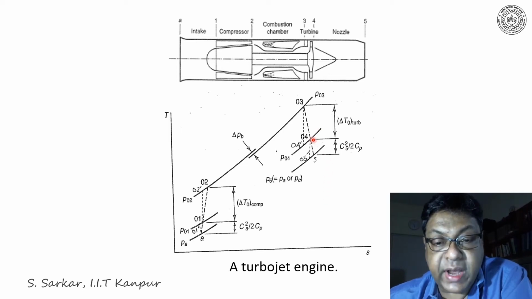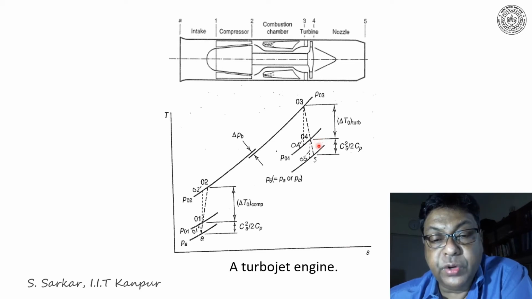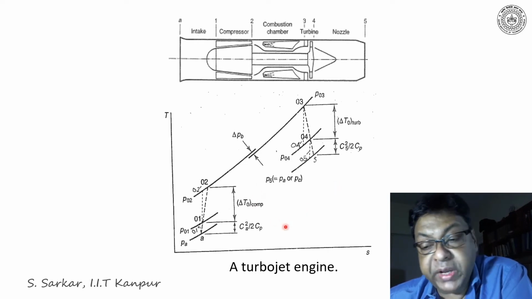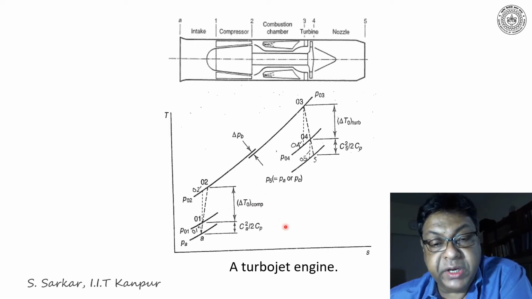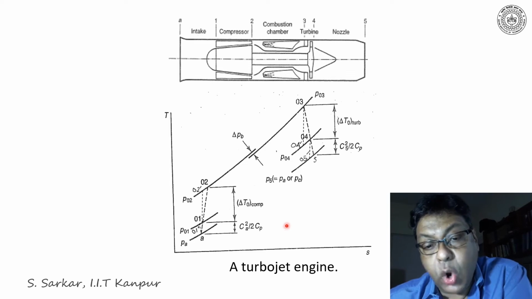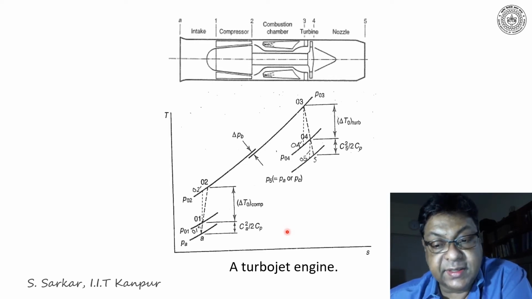The corresponding isentropic expansion is represented here as 04 to 5 dash. Now look, P5 would be either equal to the atmospheric pressure PA for unchoked condition, and for the choked condition P5 would be equal to PC, that is critical pressure.